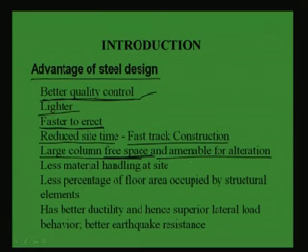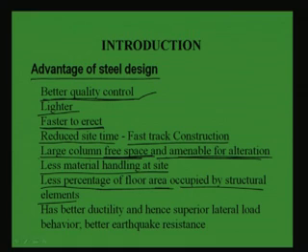So we can make use of this free space, and also we can go for some alteration. Less material handling at site is also another advantage. Less percentage of floor area is occupied by structural elements, because lesser sections are required for the steel structure.